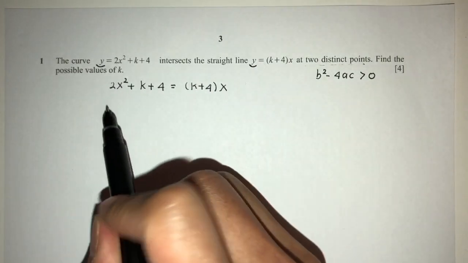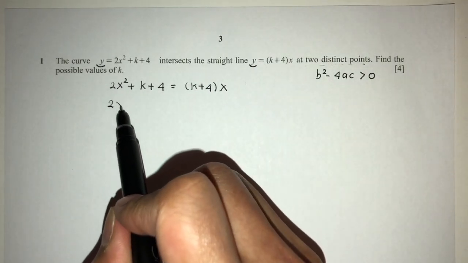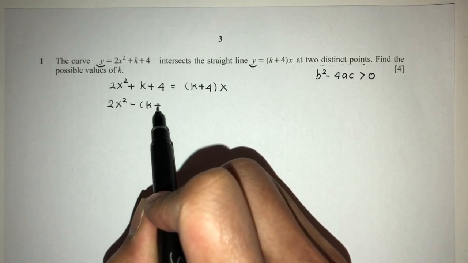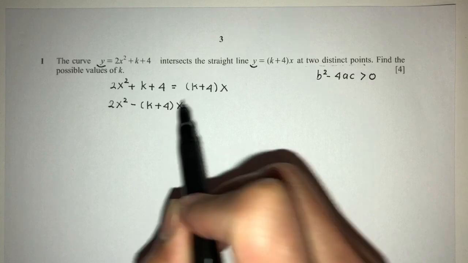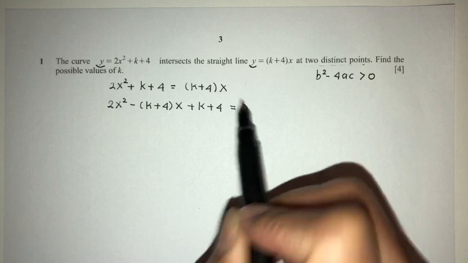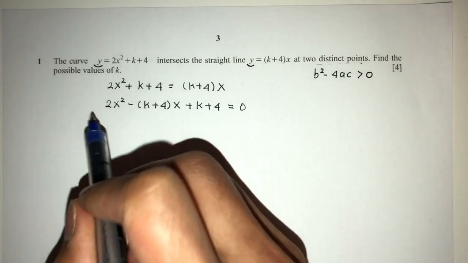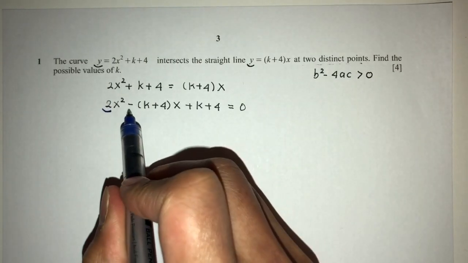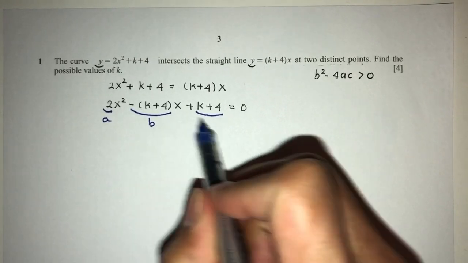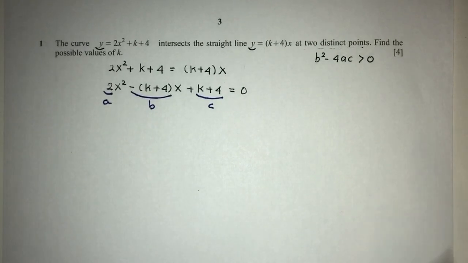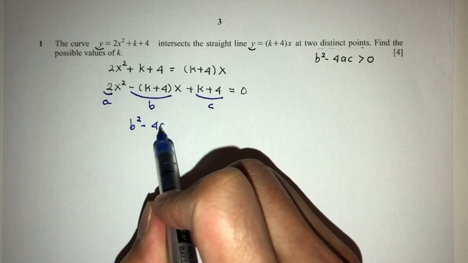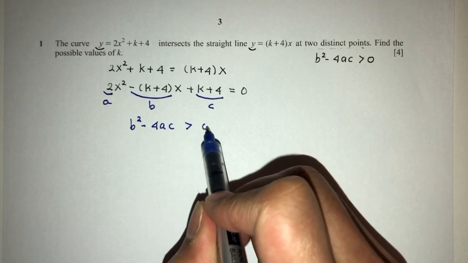So let's send this over here. You will have 2x squared minus k plus 4x plus k plus 4 equal to 0. Now we observe this is my A, this is my B, and this is my C. Here we want to find b squared minus 4ac more than 0.